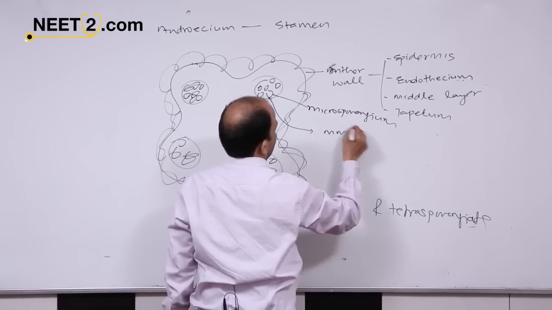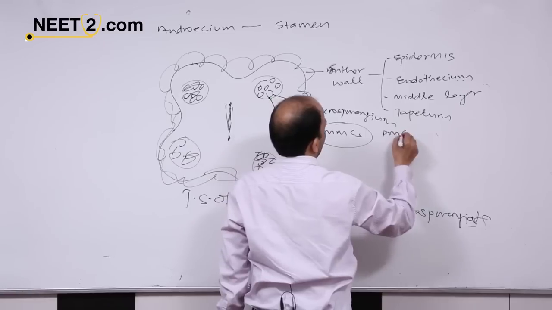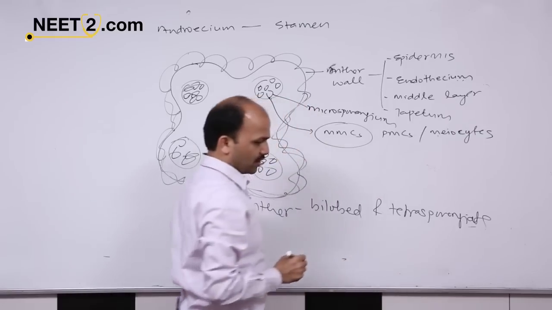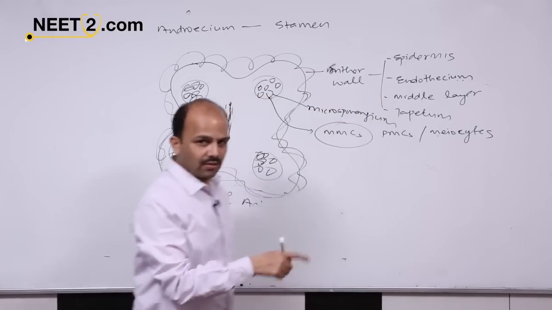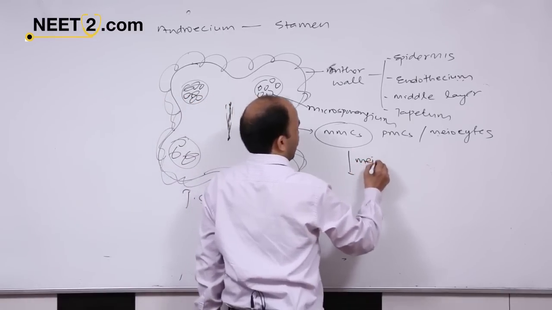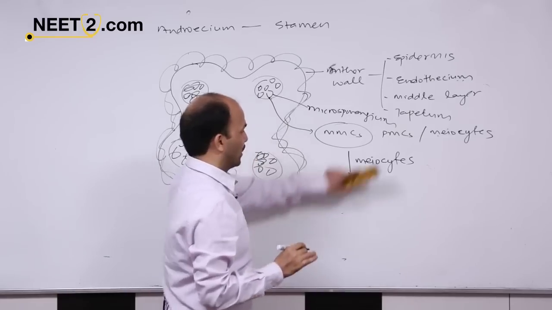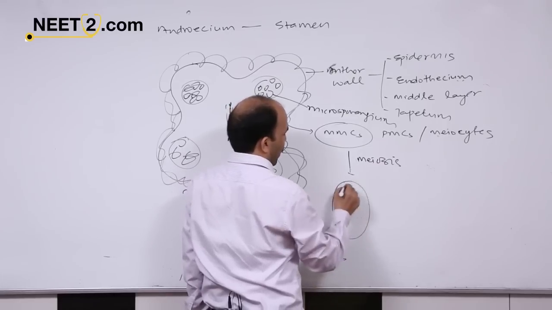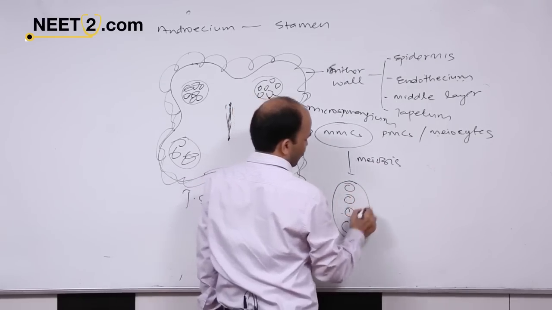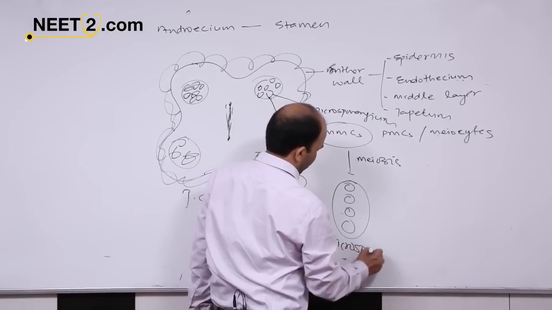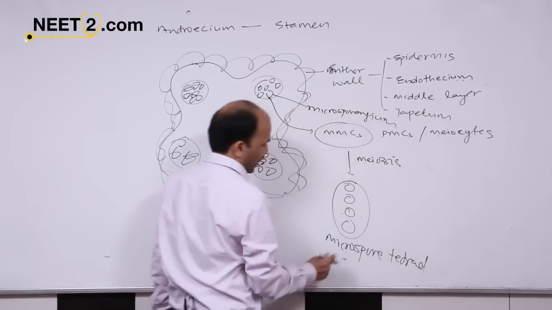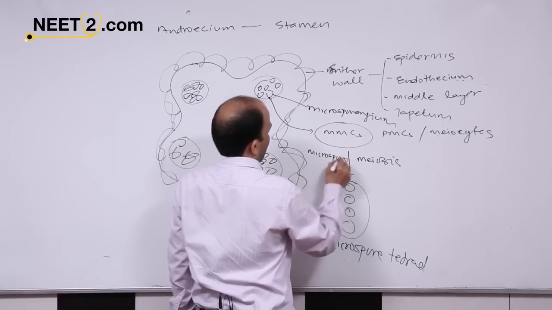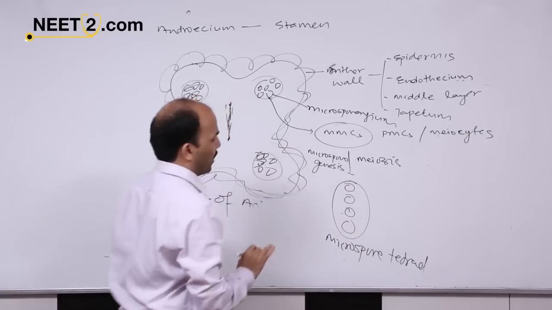These microspore mother cells, you can call them pollen mother cells, or you can say meiocytes, in which meiosis occurs. These meiocytes will undergo meiosis, reduction division, and formation of microspore tetrad. This phenomenon will be called microsporogenesis. Now these haploid microspores have been formed.